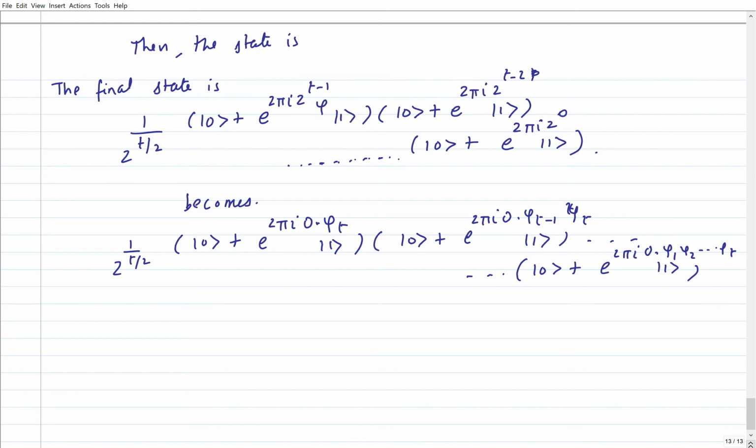So this is how the information about this phase is encoded in the state.